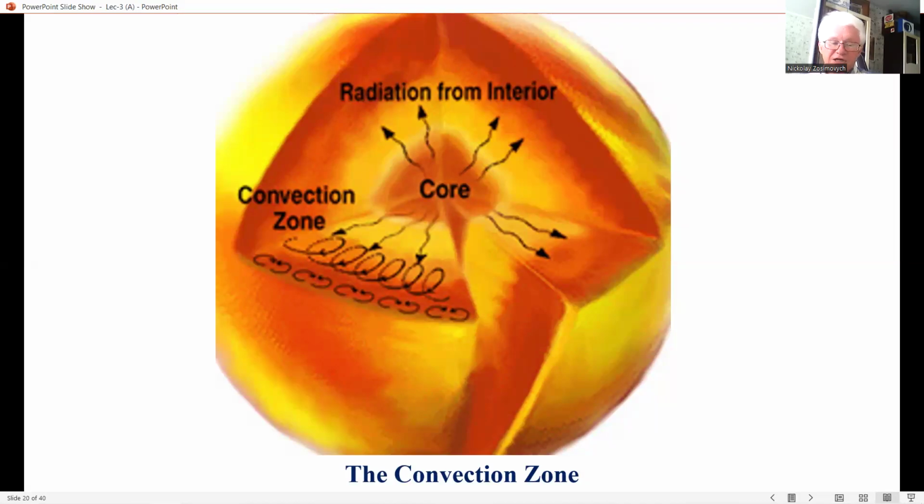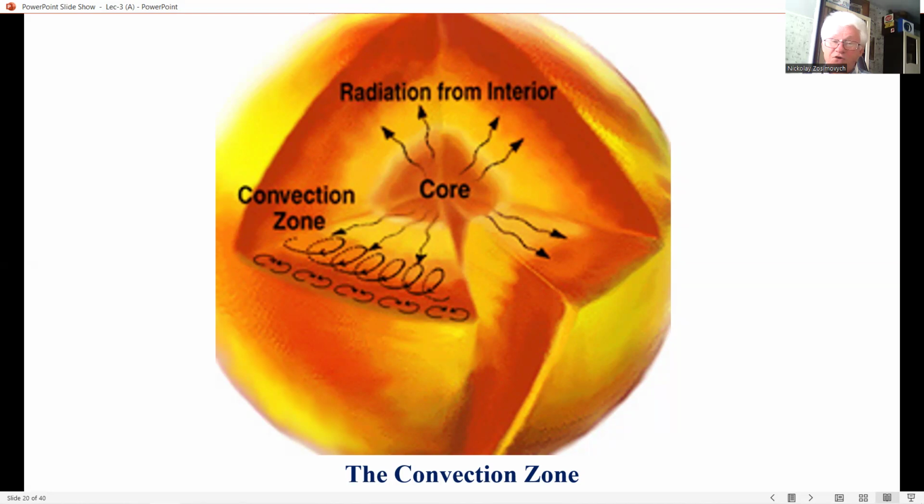The packet of energy that you began following in the core eventually reaches the outer layer of the sun, where the gas is so cool that it is not very transparent to radiation. There, energy backs up like water behind a dam, and the gas begins to churn in convection.